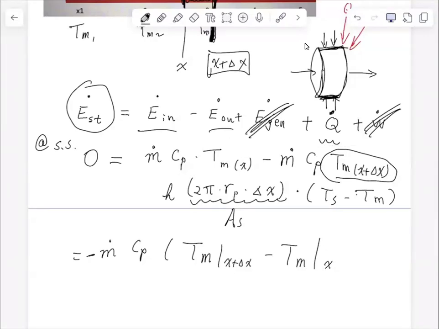Okay. And then the other one is h 2 pi R pipe, and then delta X, and then Ts minus T mean.